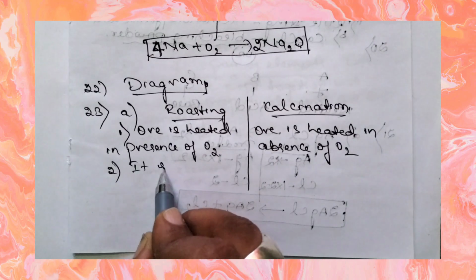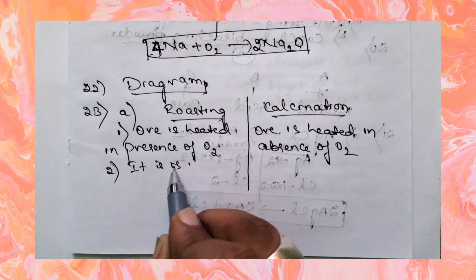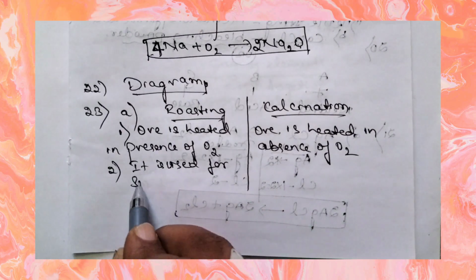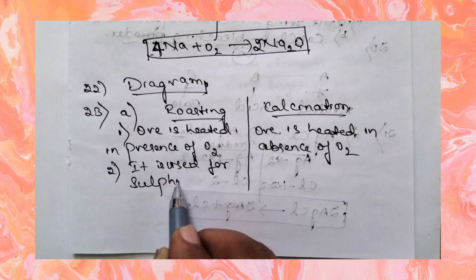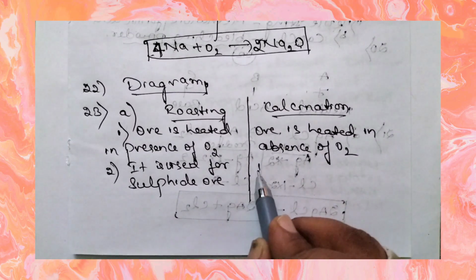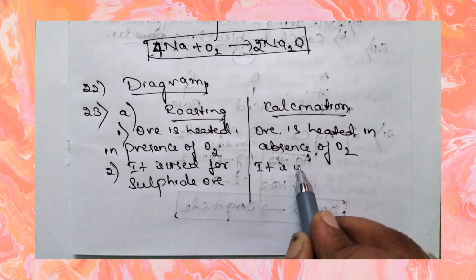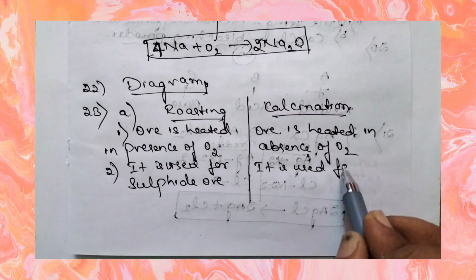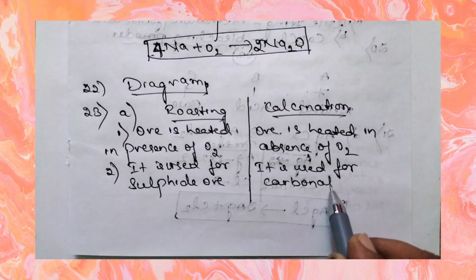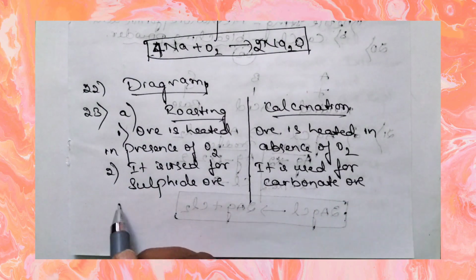Second point, roasting is used for sulfide ore. Then calcination is used for carbonate ore.